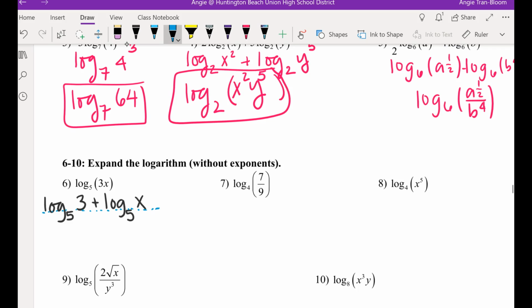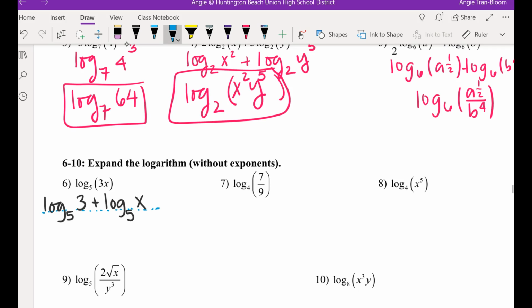All right, you try 7. How do you expand that? Subtraction is right. Write it in, and then turn to your shoulder partner and compare. Okay, so final answer.